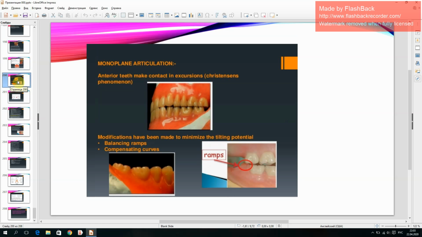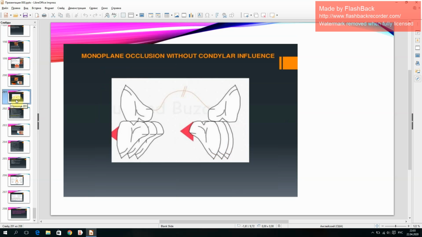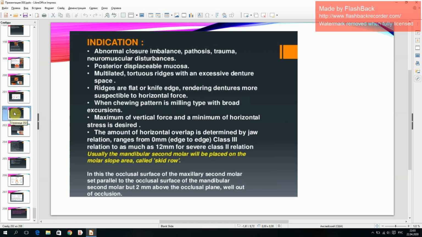Monoplane articulation. Monoplane occlusion without condylar influence. Indication.